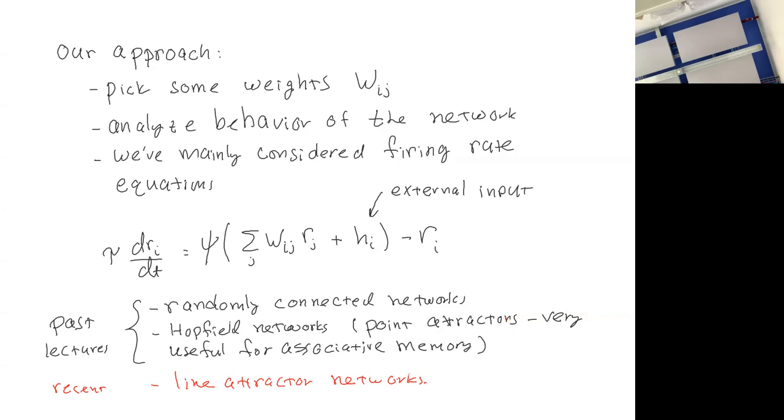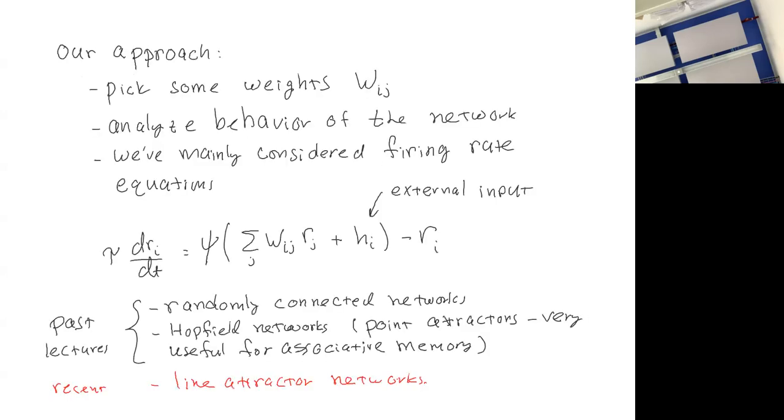And so there are actually two ways to picture line attractor networks, and you should probably keep them both in your mind. If this is Ri versus index i, remember this is a differential equation in high dimensions, and let's say it has fixed points. Fixed points are points where the right-hand side is 0.